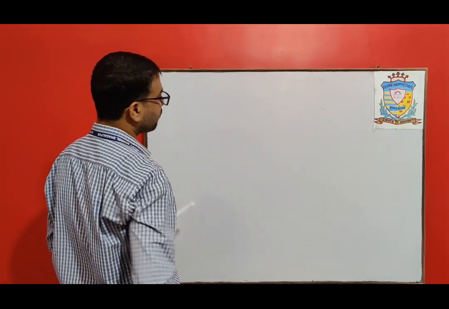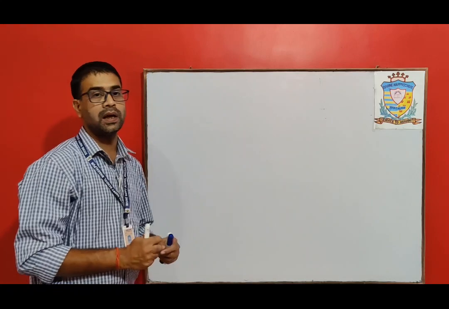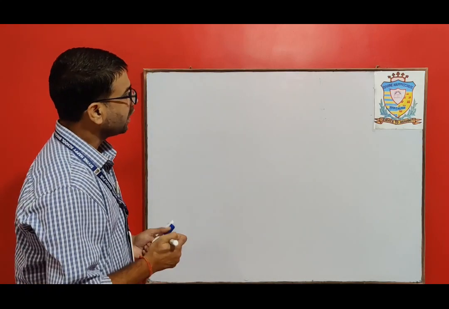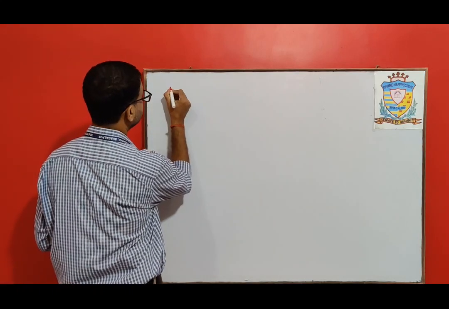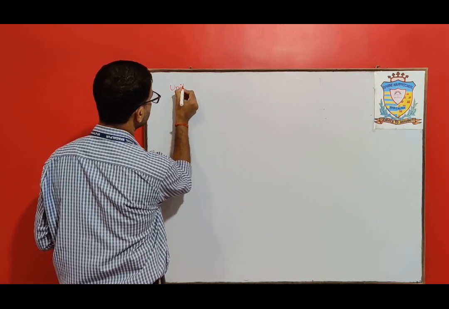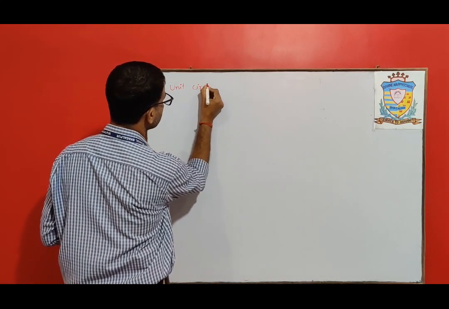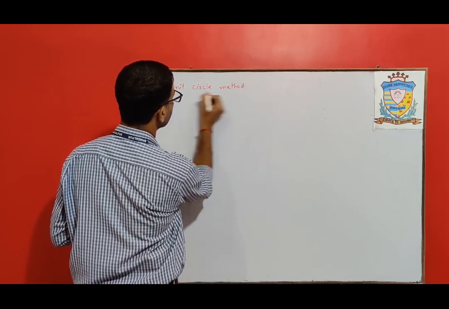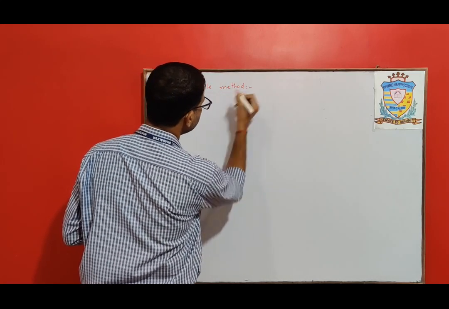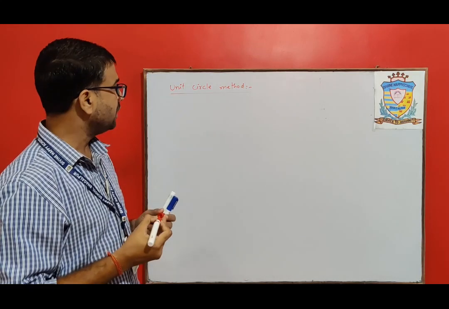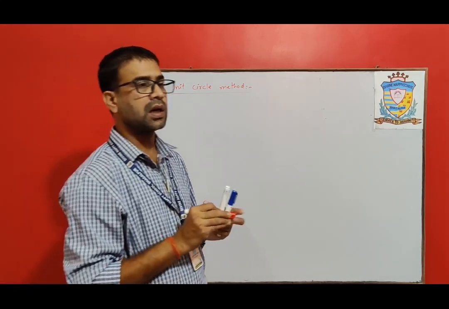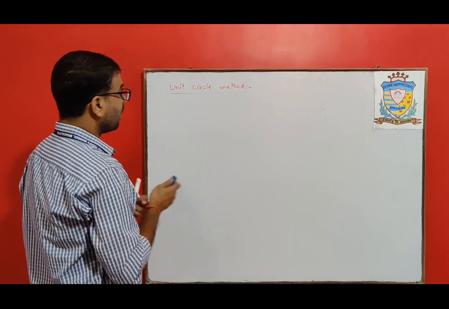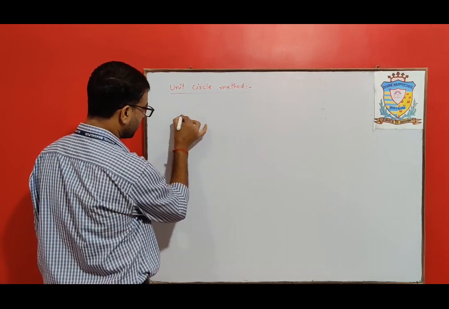The next method to find the value of any angle for x and y is the unit circle method. In this method, we assume a circle of radius 1, or unity.